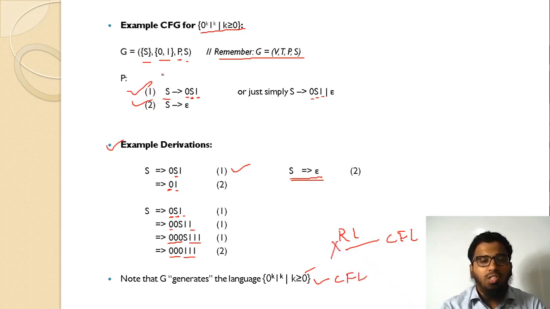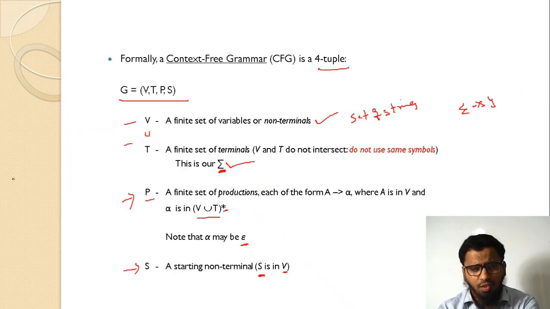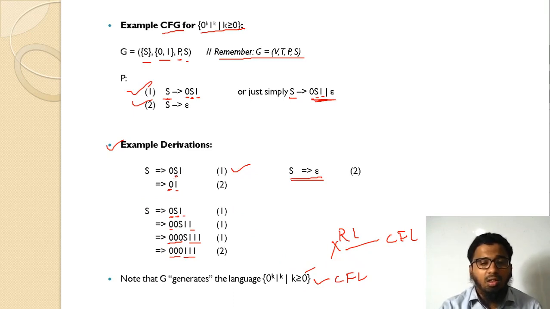Did you understand this? Once again I will tell you what we did here. We have the CFG, and we derive from this CFG. Here we have the CFG: S goes to 0S1, S goes to epsilon. In place of S, I can take any one of these. When I first apply epsilon, it will be 01, and S is removed.